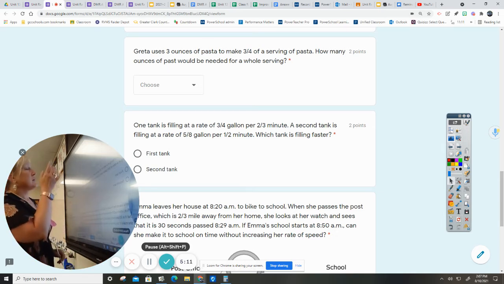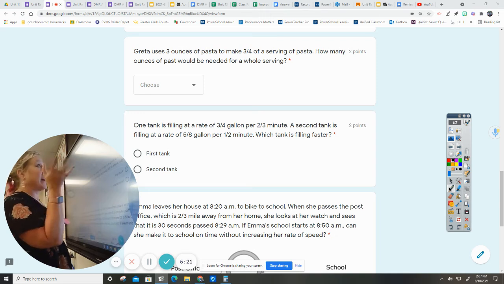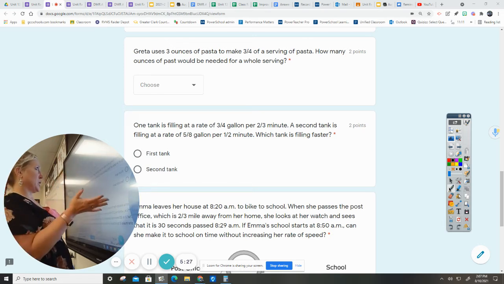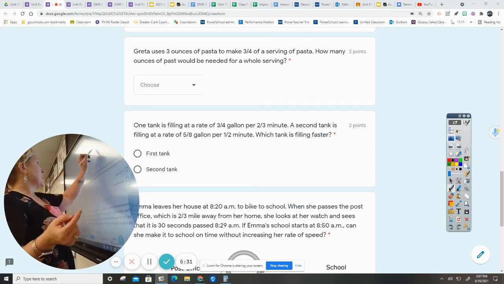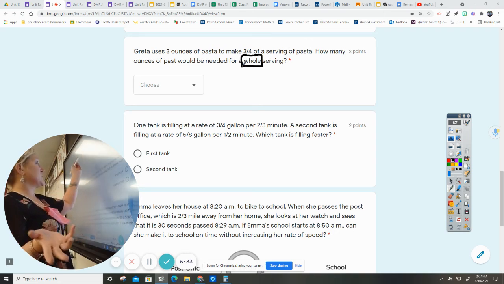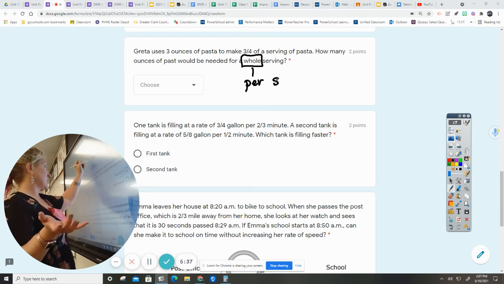Okay, now we are at this Greta. Greta uses 3 ounces of pasta to make 3/4 of a serving of pasta. How many ounces of pasta would be needed for a whole serving? Okay, I do not see the word per, and I do not see the number 1, but I see this keyword, which is the same as 1, and 1 is the same as per.